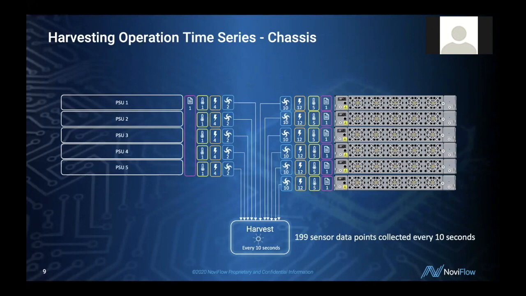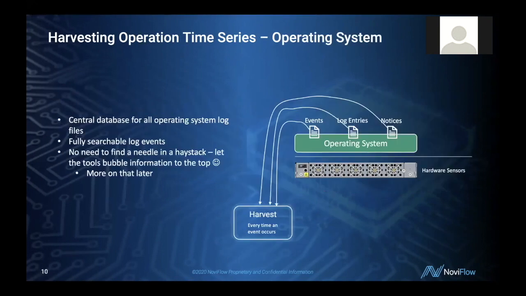This number has now changed. I'll show you what the new number is. It's no longer 199 sensor data points collected every 10 seconds. It's now 600. And we only have 2 blades installed in the chassis. So we're collecting a lot of information to visualize to tell people operationally what's going on.